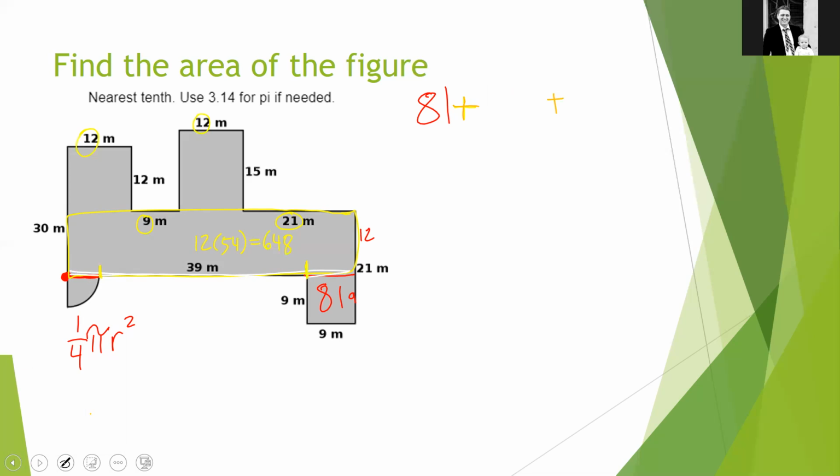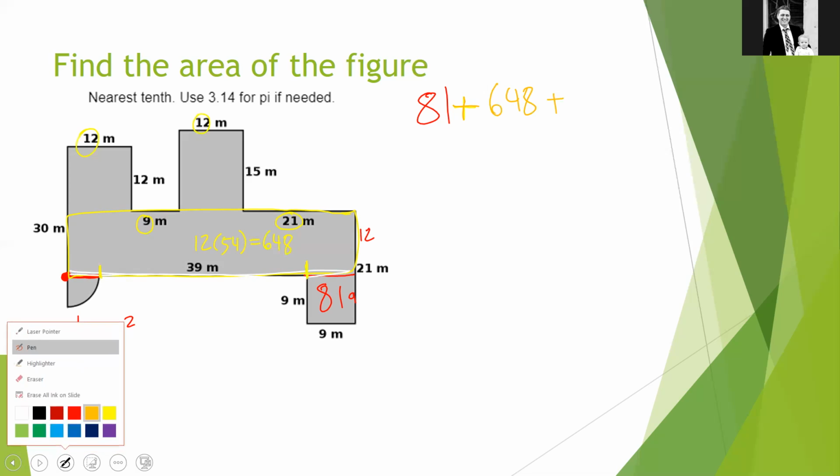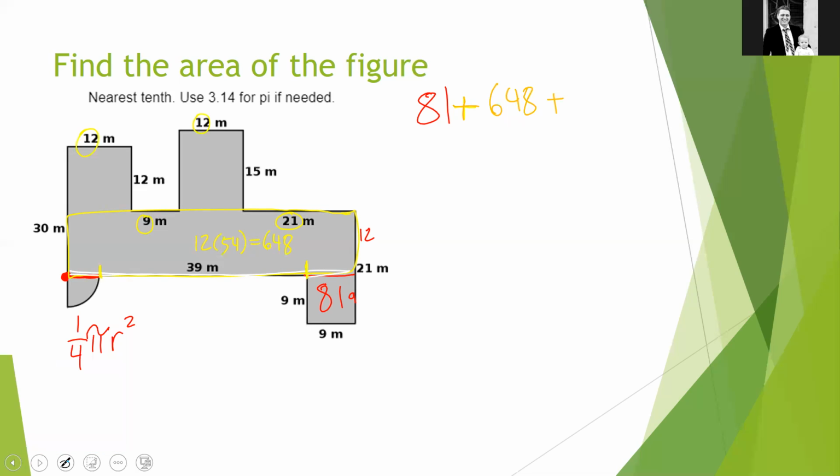Now that we know that this 39 is just talking about this section, we actually have a way to solve for our radius. Let's talk about how. Well, we know this whole distance all the way across, we just said that was 54. Well, we know this section of it is 39. And we know this section of it, based on this, is 9.